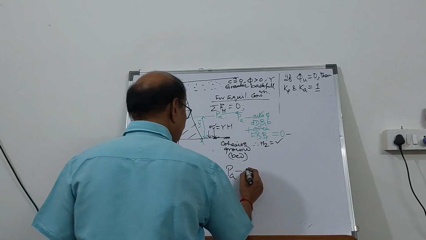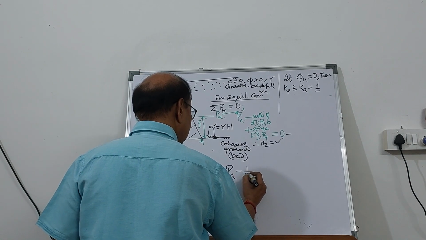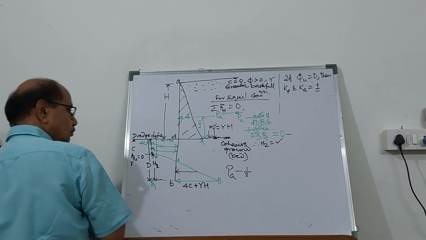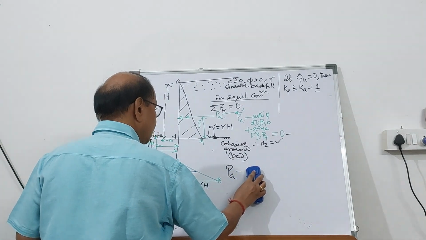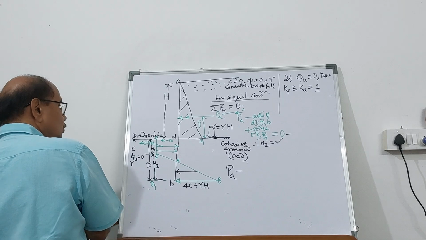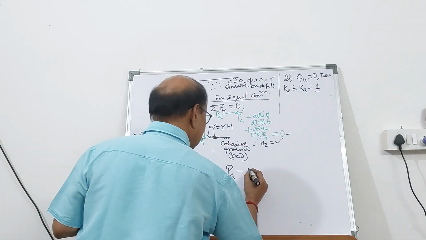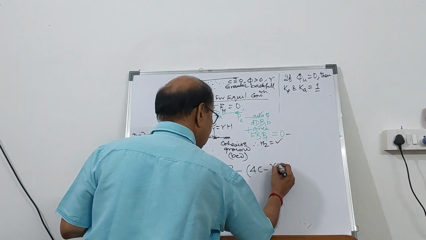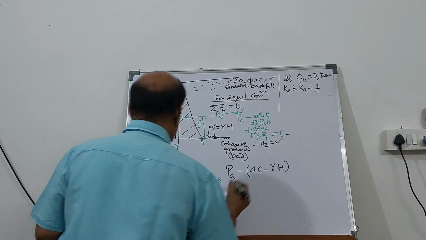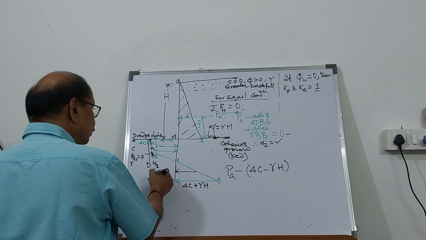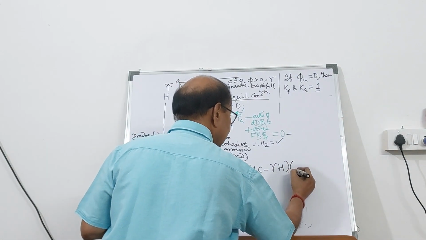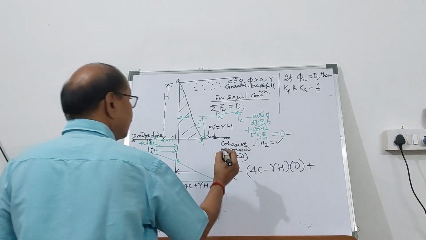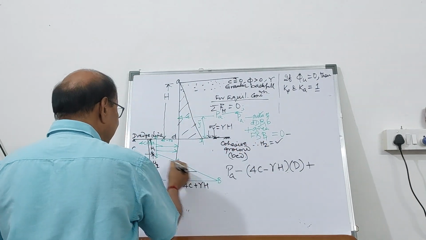So this you know it, this is going to be a rectangle. So 4c minus gamma h, 4c minus gamma h into d, plus what is the area of FBB1?